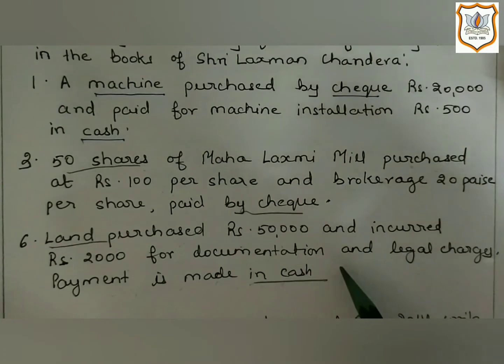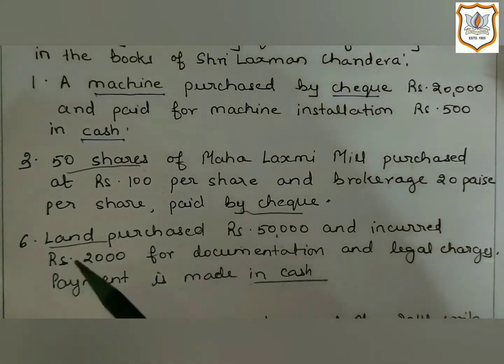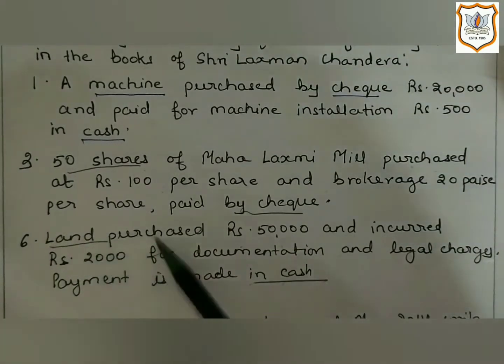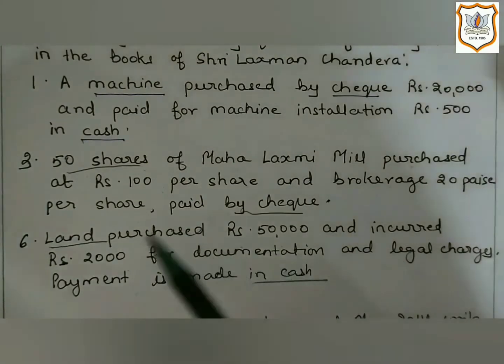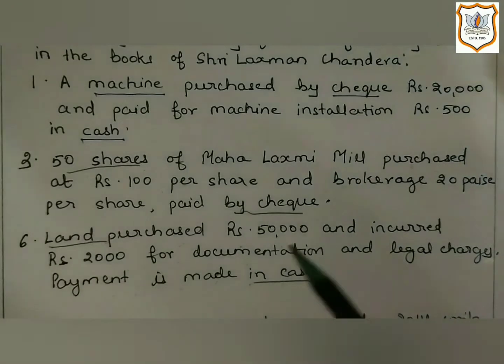Here documentation and legal charges are expenses which are related to purchase of asset, that is land. So here these expenses will be treated as capital expense and it will be added in the value of asset. So our value of land will be 52,000.